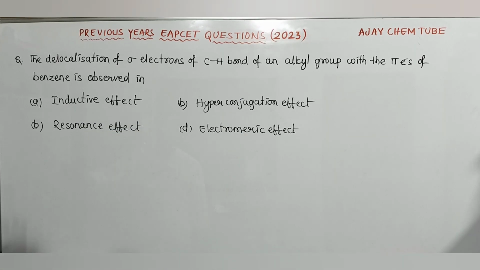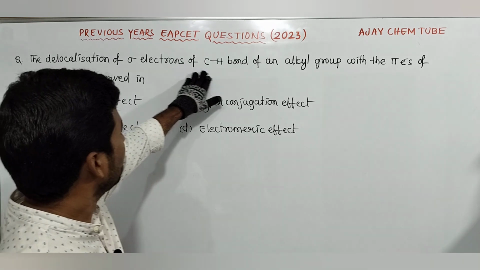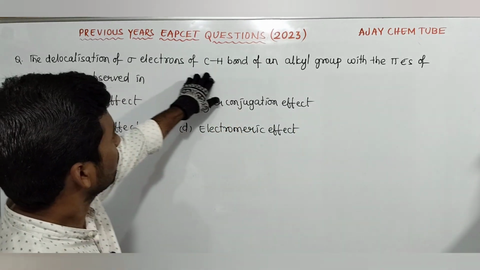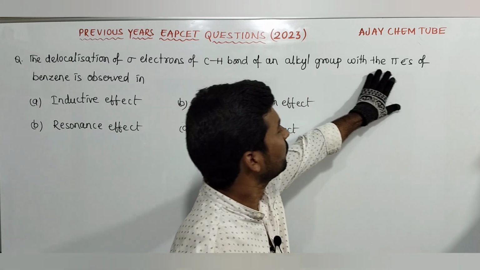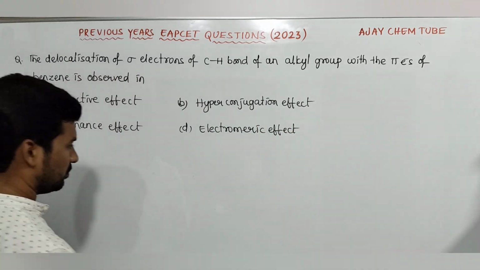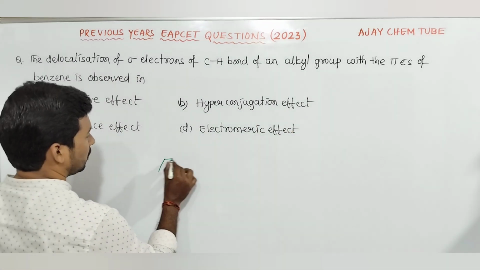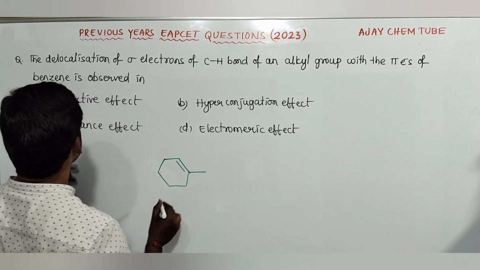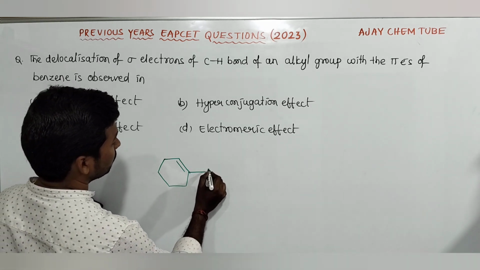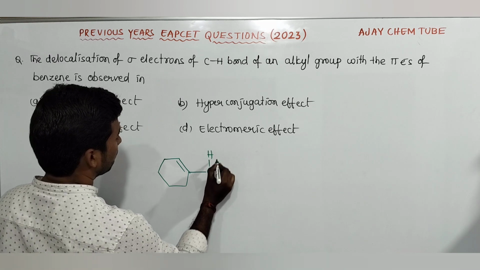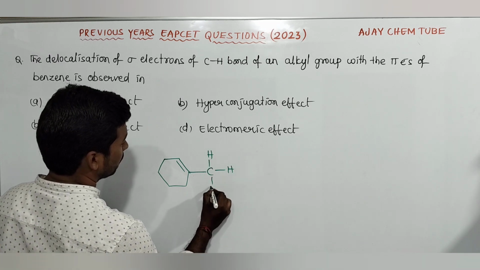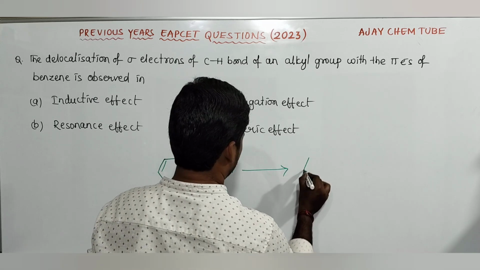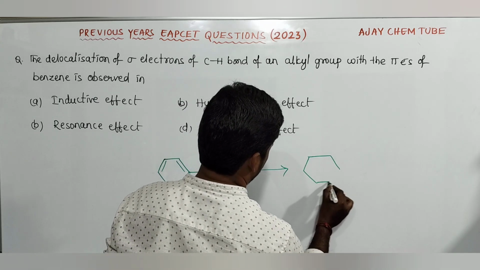Next, the delocalization of sigma electrons of CH bond of an alkyl group with pi electrons of benzene. Just now we have discussed pi electrons of benzene and sigma electrons of CH bond. Sigma electrons of CH bond delocalization.